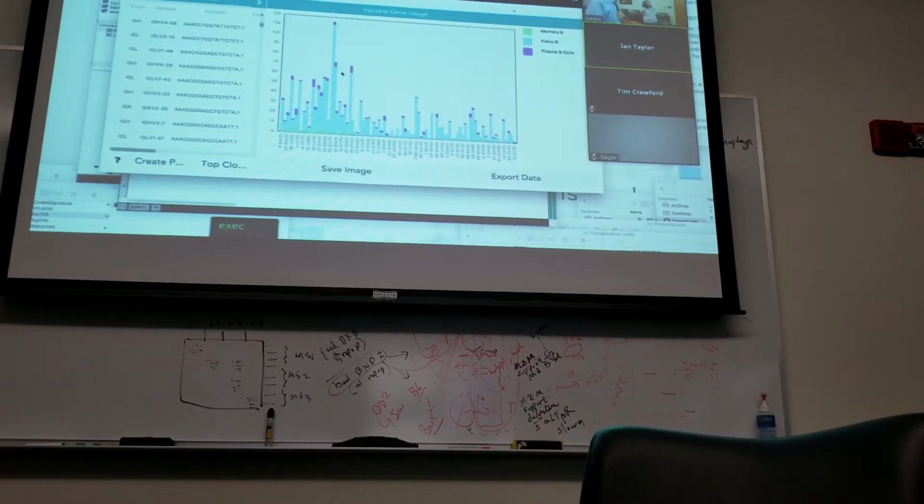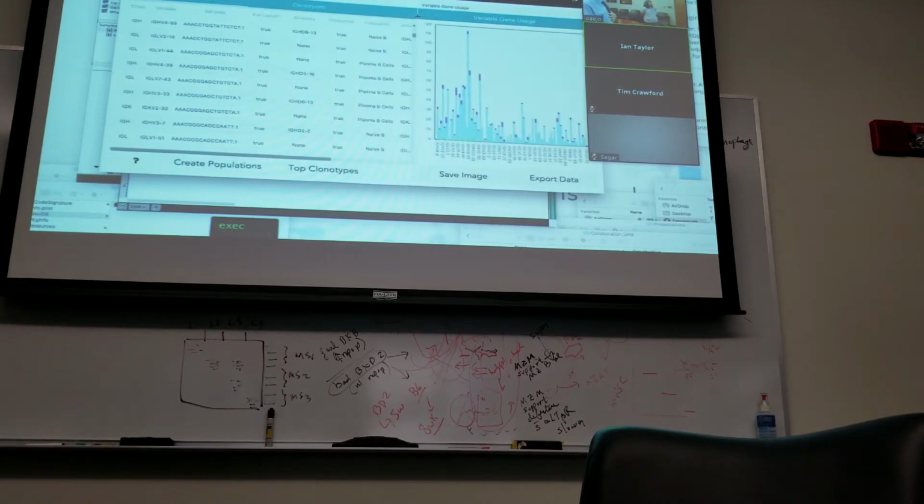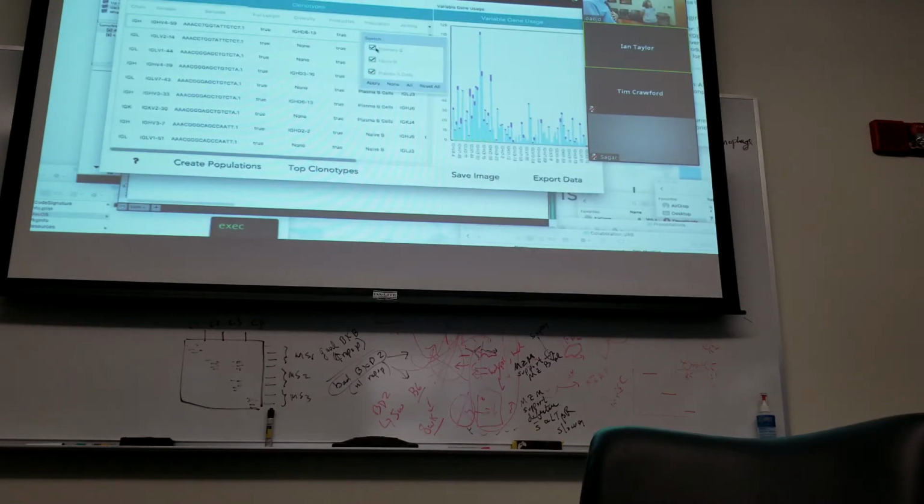One way we could work around this is, remember we found the most common variable gene was 33-3. We could now ask how many are plasma and how many are naive by just sorting on these populations. I see. How do we do that?